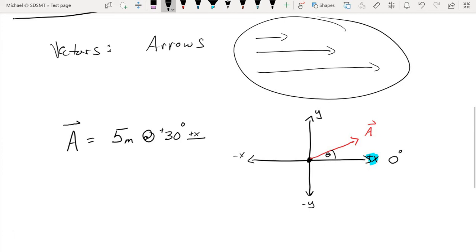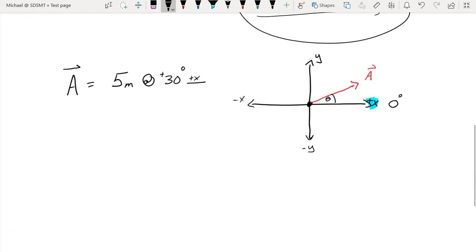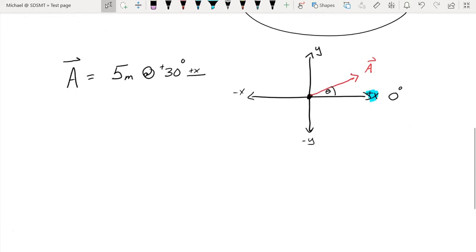We now have a length and a direction, and we've got our sketch, but that's about all we can do with that vector until we bring in some more trig. But for right now, let's try another vector.